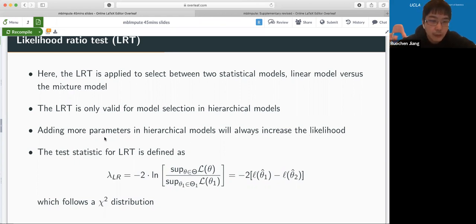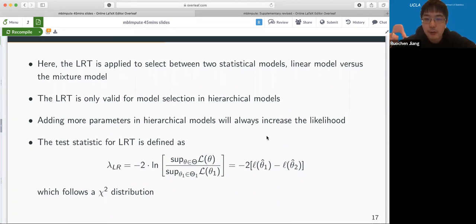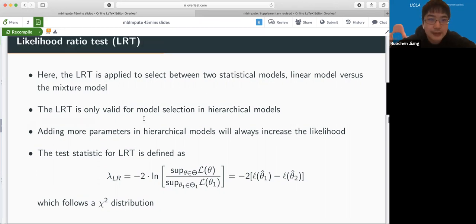When you add more parameters, you need to refit the model and get the best estimators for your parameters, and then it will always increase the likelihood or the probability, which means the model can fit the data better.